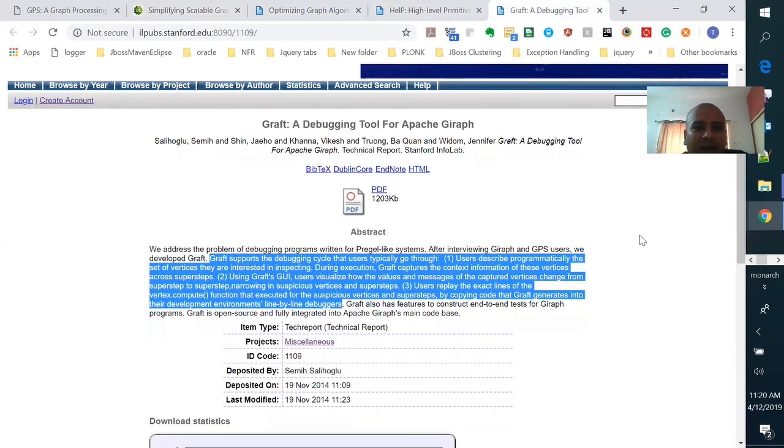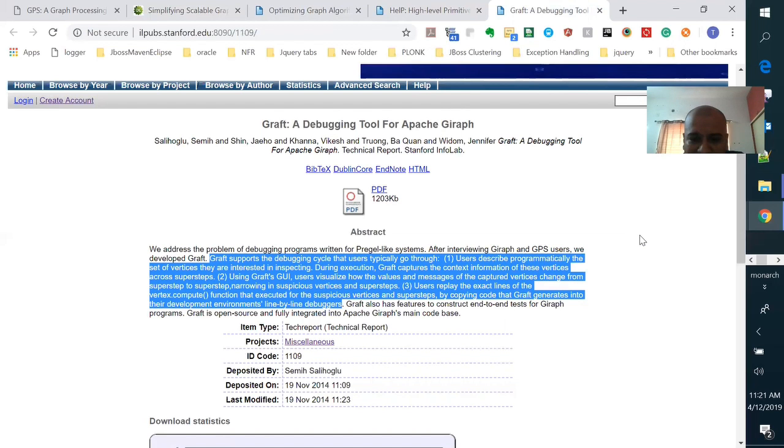Moving on to Graft, a debugging tool for Apache Giraph. This paper talks about a tool, Graft, which supports the debugging cycles that users typically go through. Users describe programmatically the set of vertices they are interested in inspecting. During execution, Graft captures the context information of these vertices across the supersteps. Using Giraph's GUI, it can be visualized and the values can be seen.